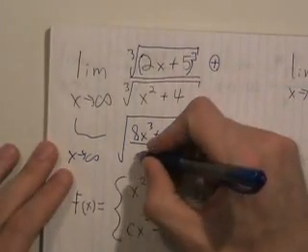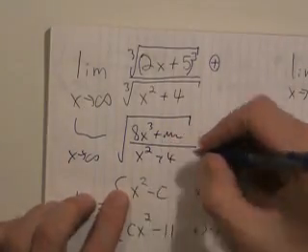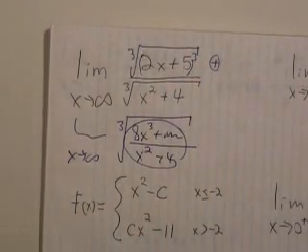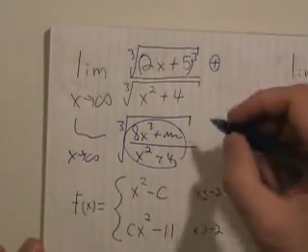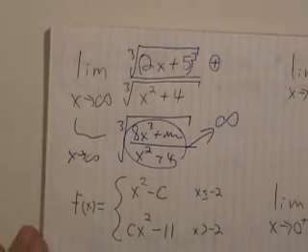And on the bottom, you're left with a regular x squared plus 4. So you know that the argument on the inside, that's a cube root. The argument on the inside, since the higher exponent is on top, the whole expression is going to infinity, and so the whole thing must be going to positive infinity as well.